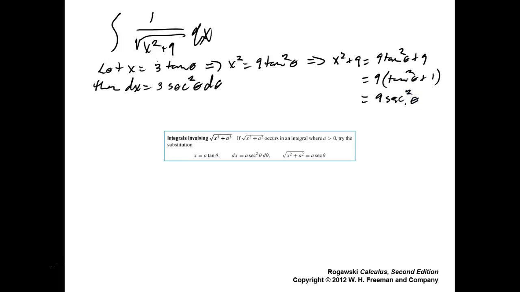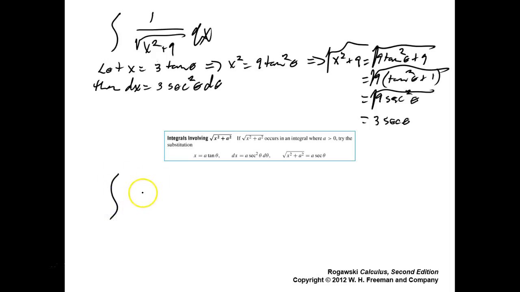But you're interested in the square root of that, and that would be 3 secant theta. Very nice.